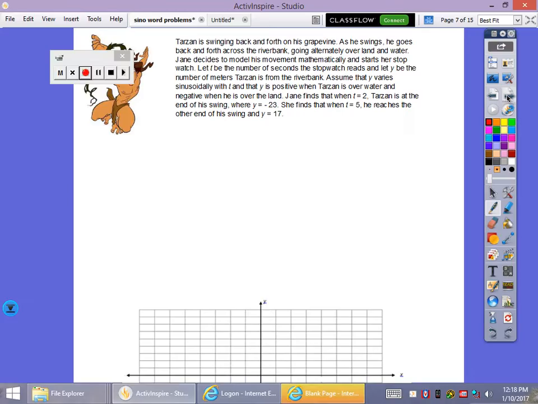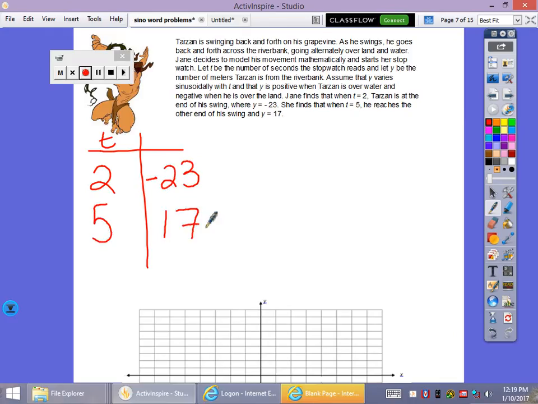Jane starts and finds that when t equals 2, is 2 an x or a y? It's my x, okay? At time 2, he is at negative 23, and at 5 he is at 17.